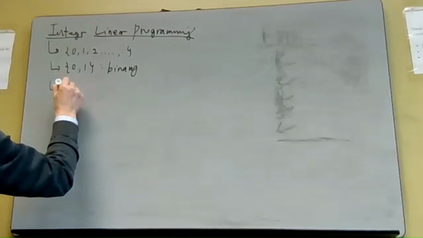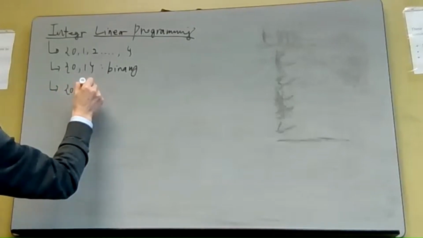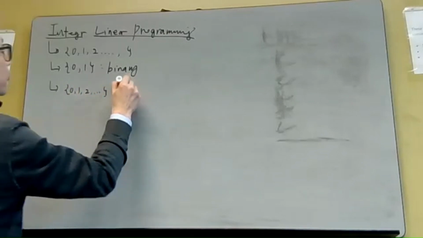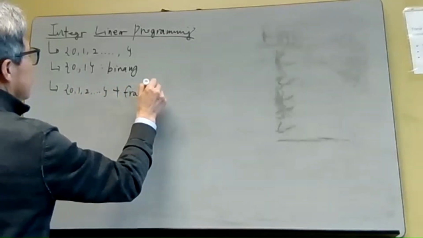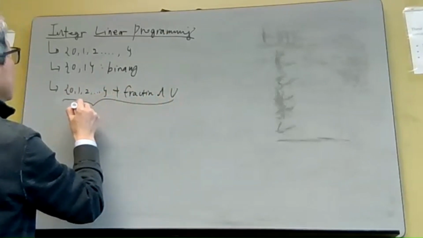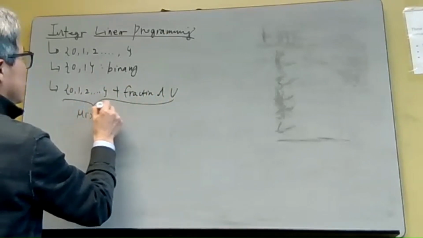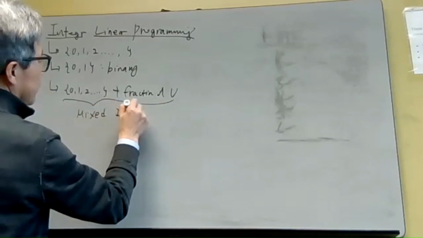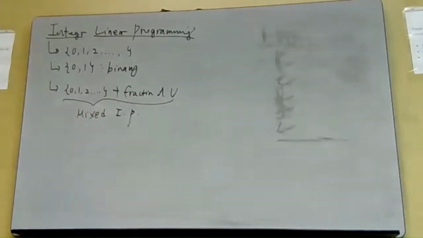You may also have an integer solution with fractional values, which is mixed integer linear programming. So you're going to see 3 different types of integer linear programming. As we go, you may have several different examples with pure integer programming, binary integer programming, and mixed integer programming.